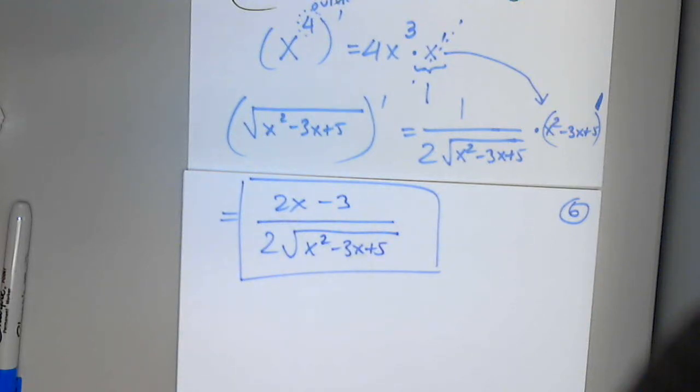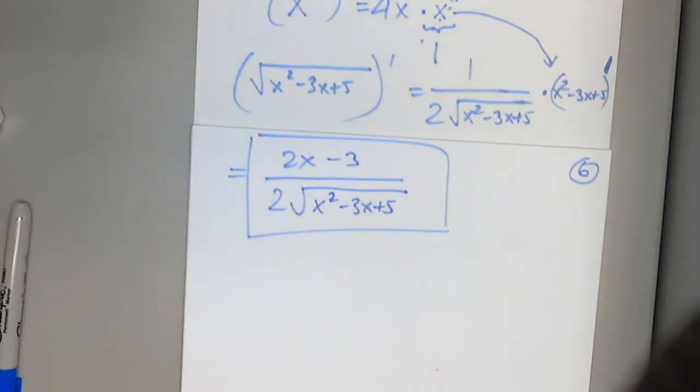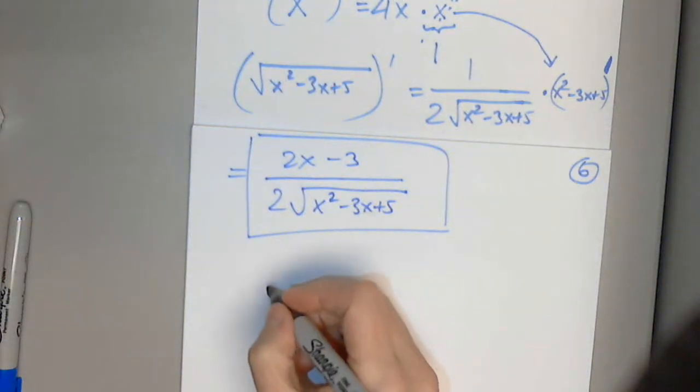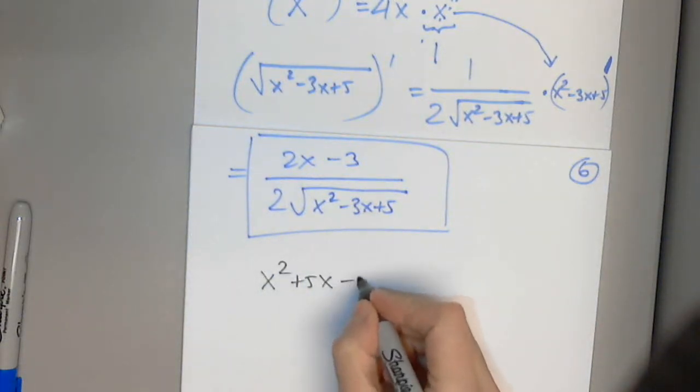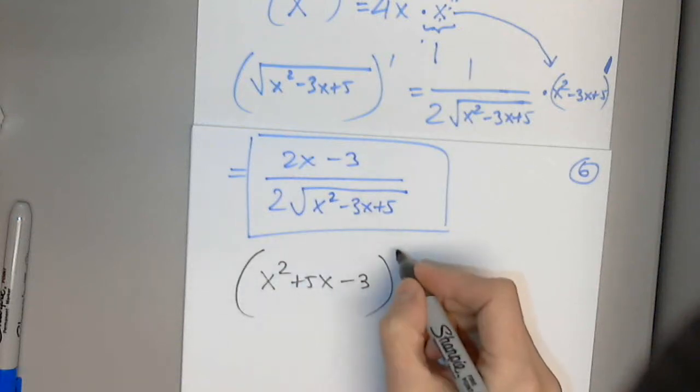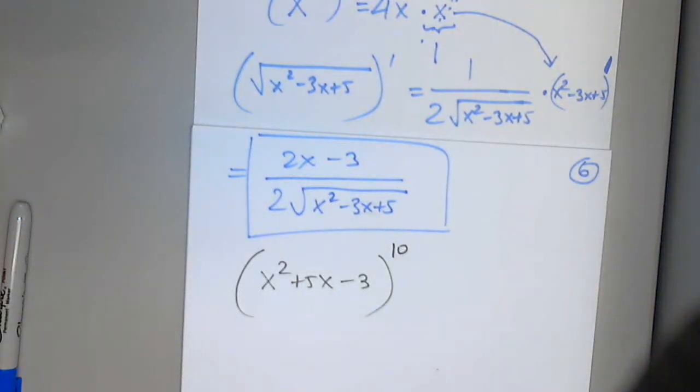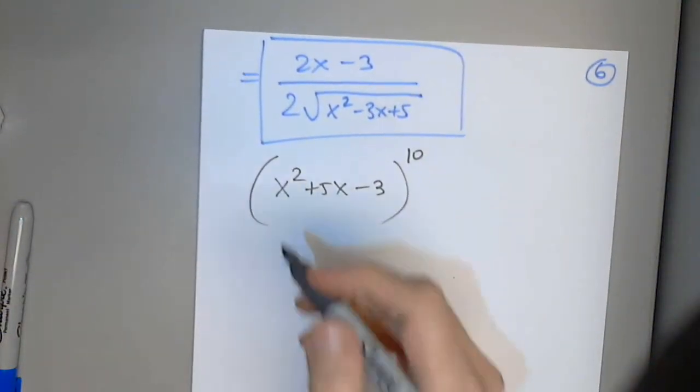Before I let you free to choose anything you want, I would like us to look at one more example. Let's say we have x squared plus 5x minus 3 raised to the 10th power. And I want to differentiate this.